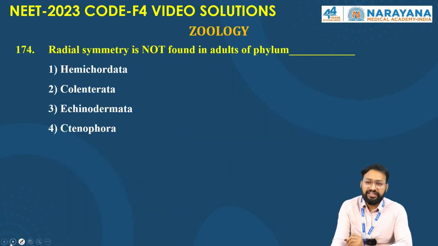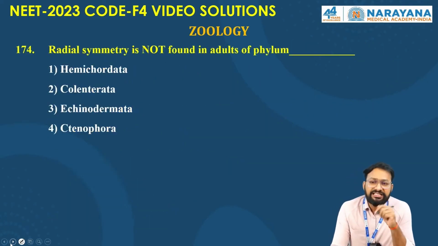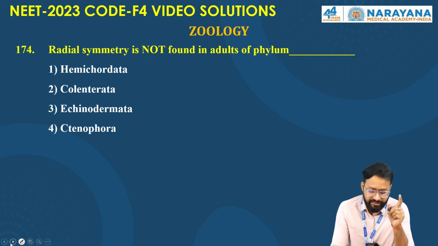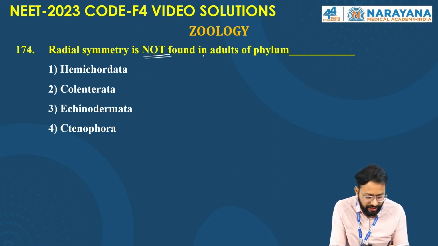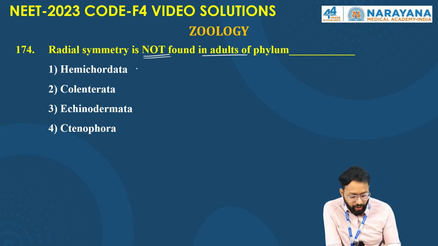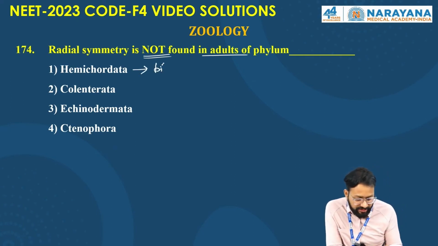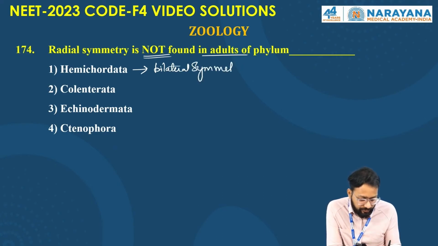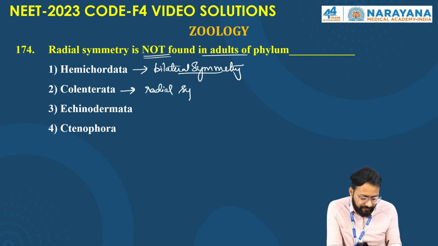Question number 174. Radial symmetry is not found in adults. Here they are talking about adults, not found in the adults of a phylum. Hemichordata in adults, bilateral symmetry. Coelenterata in adults, radial symmetry.